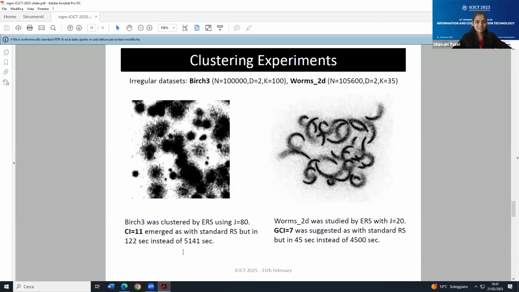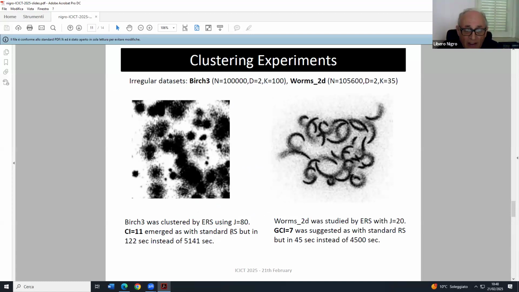Now, here I was in the position to give you some information about this, in the sense that the comparison in this case is trivially with the standard random swap.